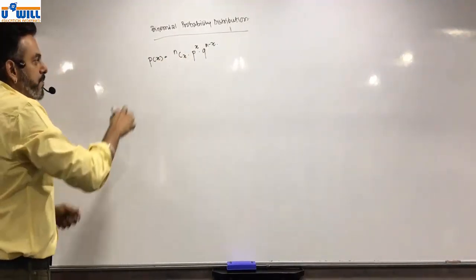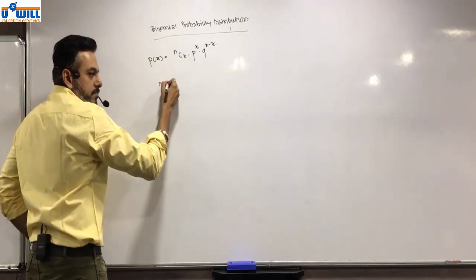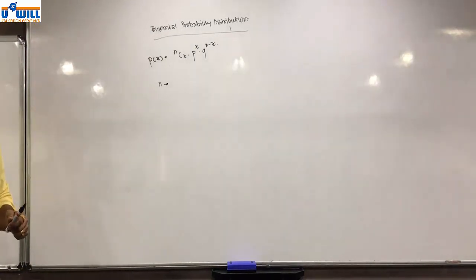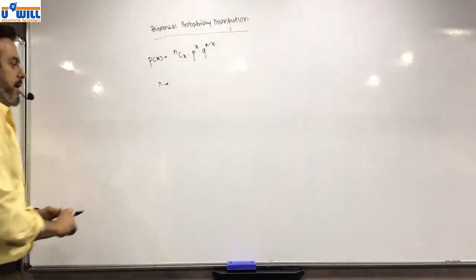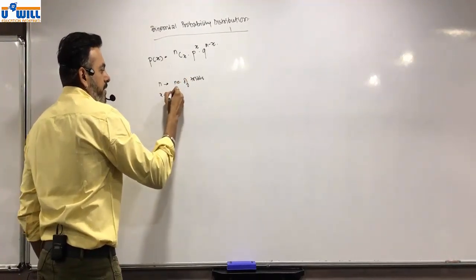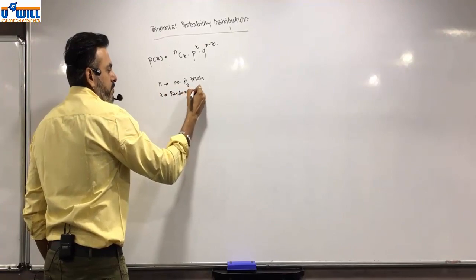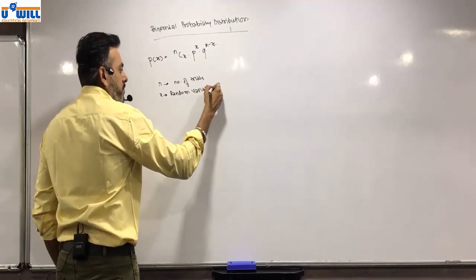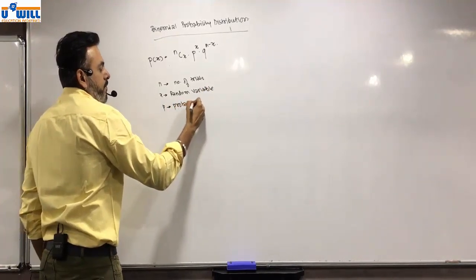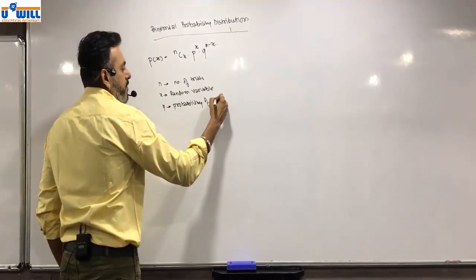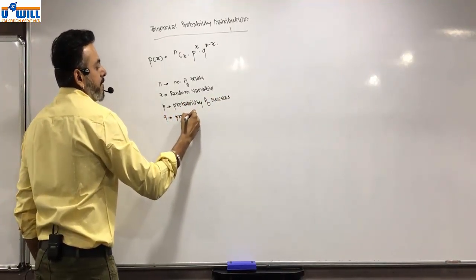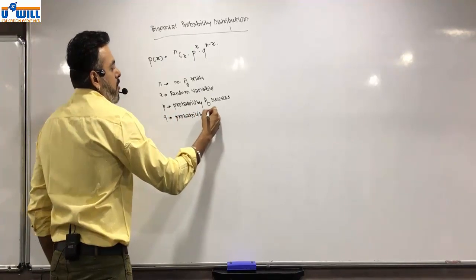Now what is n? Very important, you need to understand कि n क्या है, x क्या है, p क्या है, q क्या है. n is number of trials, x is random variable, p is probability of success, q is probability of failure.